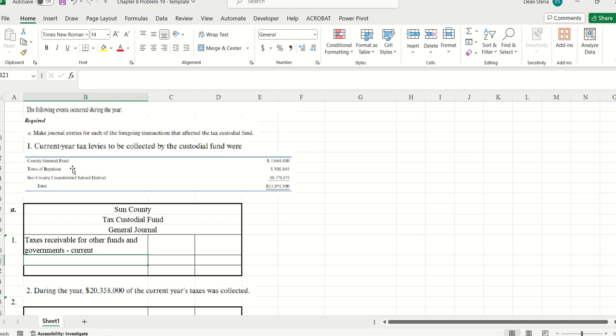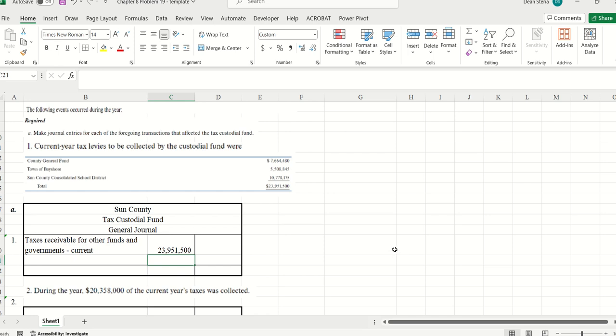Now the county general fund, well, let's start off with the 23,951. That's the amount that we levied, right? And it tells us right there. So the total of that is 23,951,500.